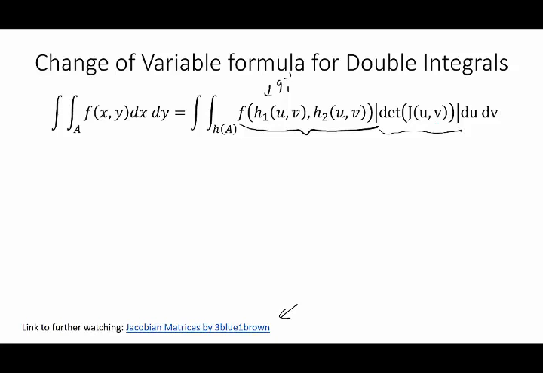Now, just for clarity, so this is self-contained in terms of working with these formulas, that J of u, v is called the Jacobian matrix.